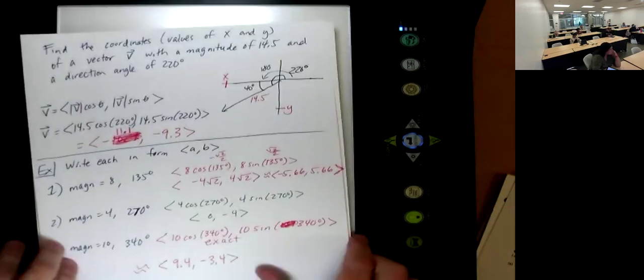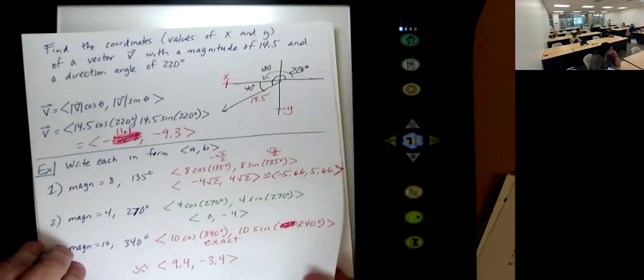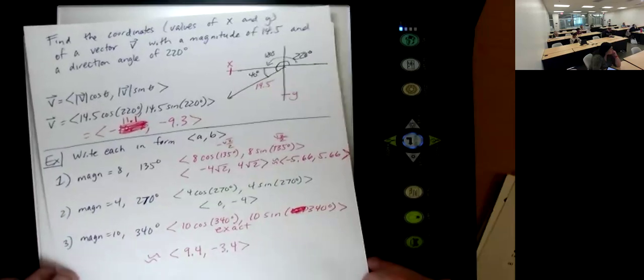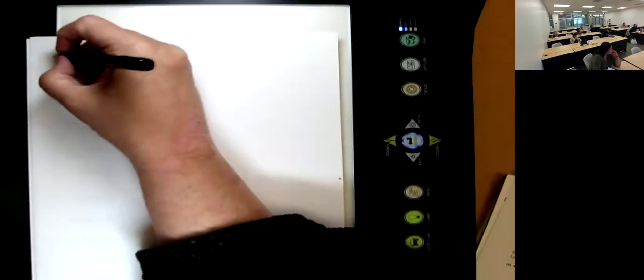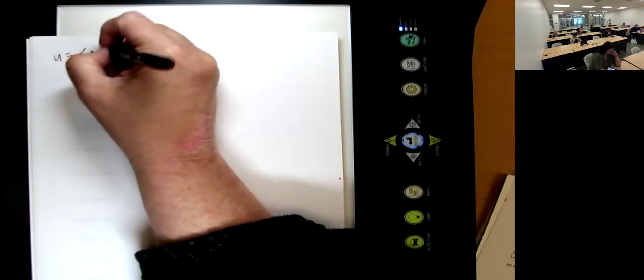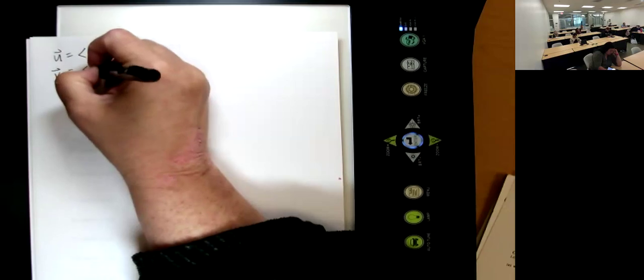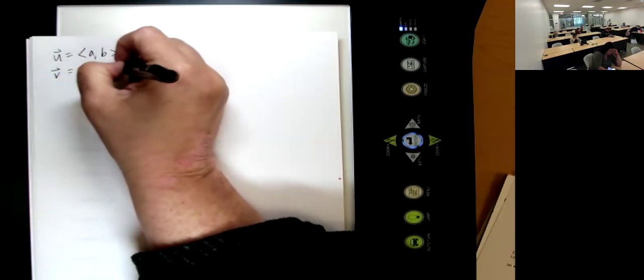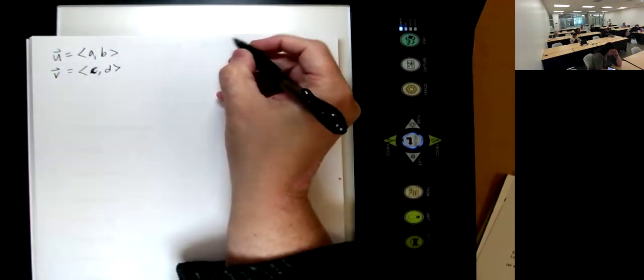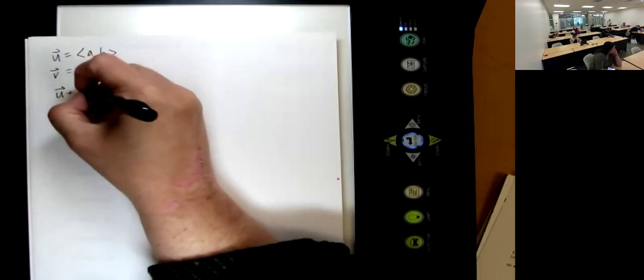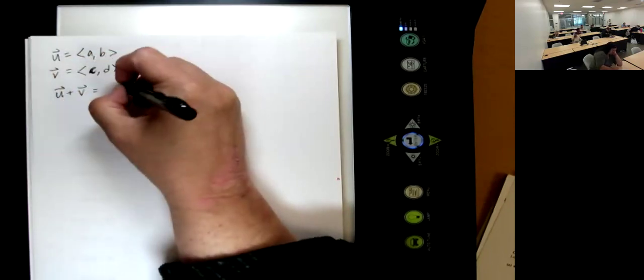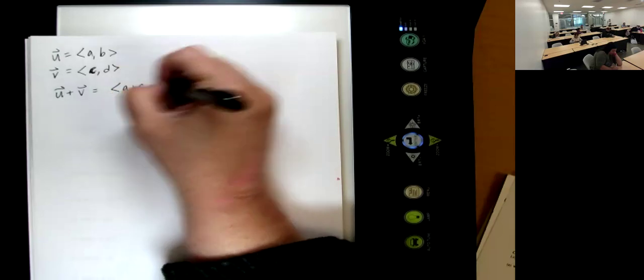Alright, we already talked about the vector algebra of all this, but I will rewrite it as a reminder. If u equals (a, b) and v equals (c, d), vector u plus vector v is gonna be (a plus c, b plus d).